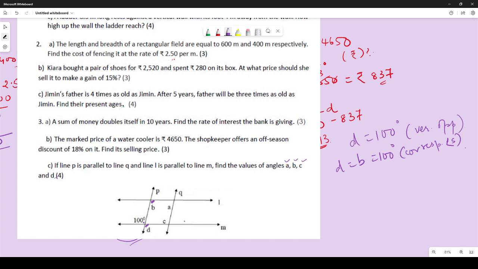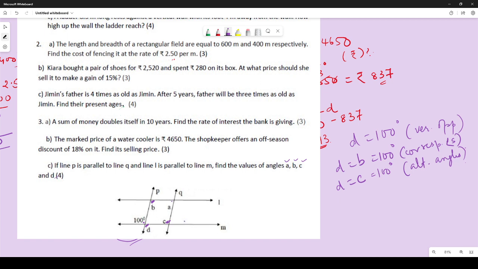If you look at C, you know that P and Q are parallel and M is the transversal. So now D will also be equal to C because they are alternate angles. They are forming a Z here, right? So D is equal to C is also equal to 100 degrees. This is because they are alternate angles.